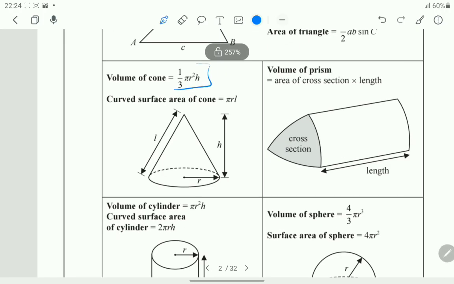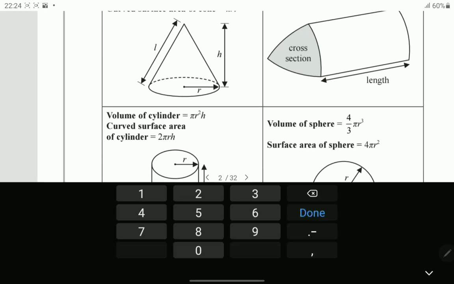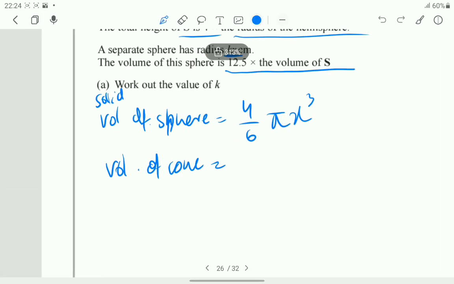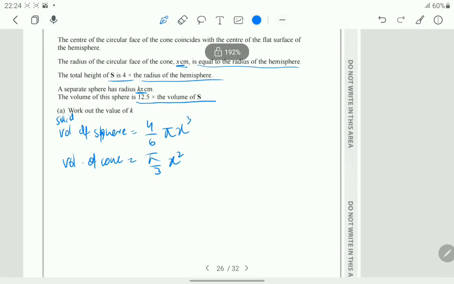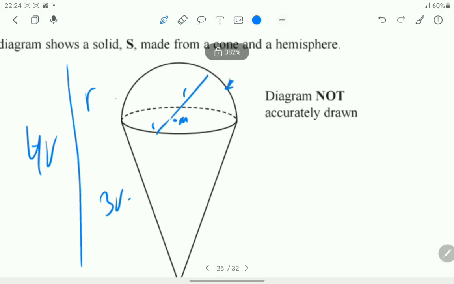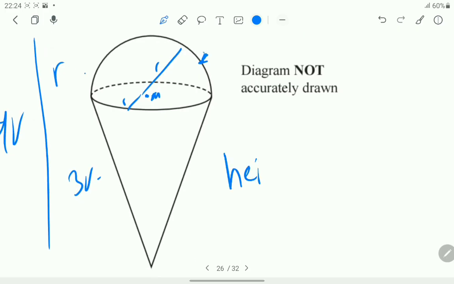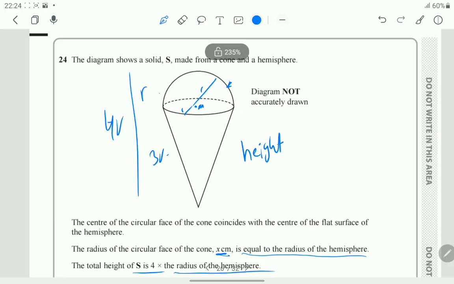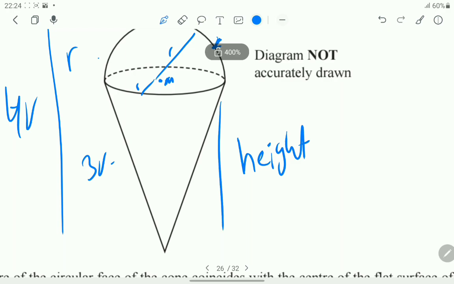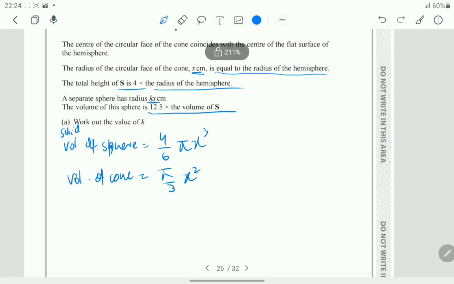So it's pi by 3 x square times height. So let's write it down. Pi by 3 x square times height, but in order to find height, we know that the height of this cone is 3 times x, so it would be 3x.